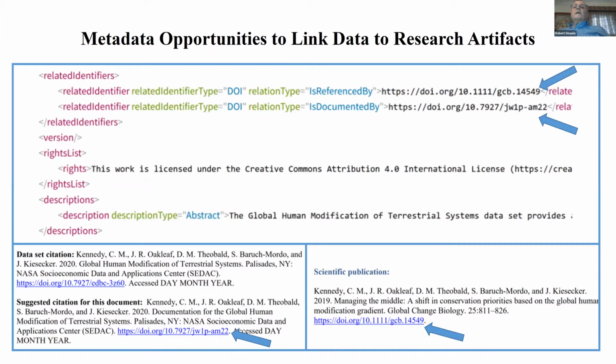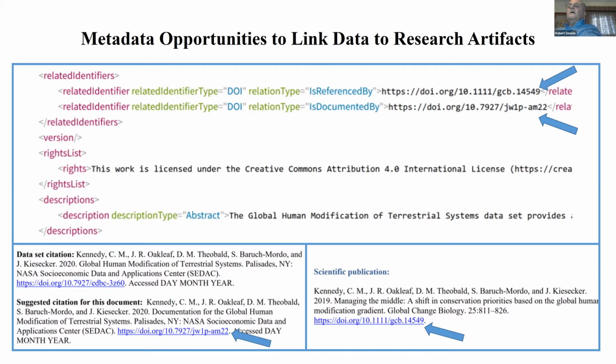And when we look at metadata, at the top here, we're looking at a DataCite metadata record. And here we can see that they have the related identifier links for is referenced by or is documented by.